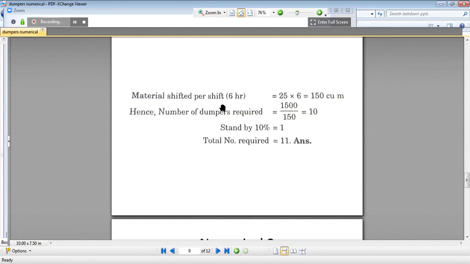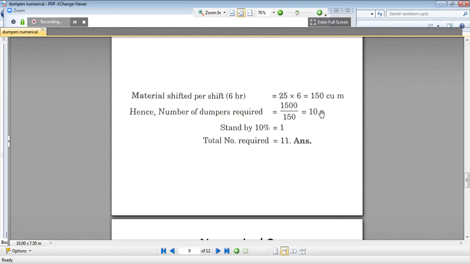But how many dumpers are required? I have 1500 cubic meter of soil to excavate, but one dumper handles 150 cubic meter. So the total dumpers required is 1500 by 150, that is 10.